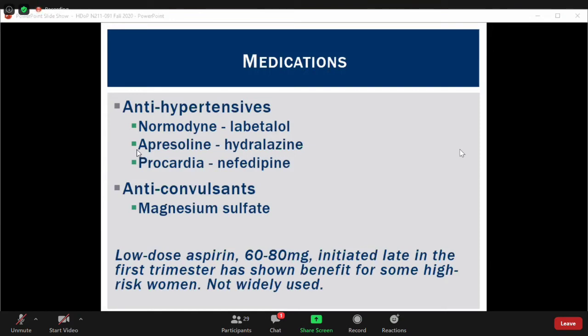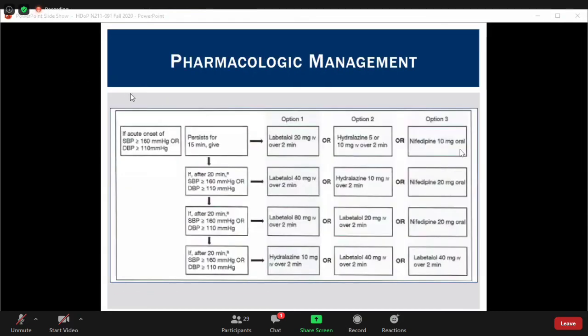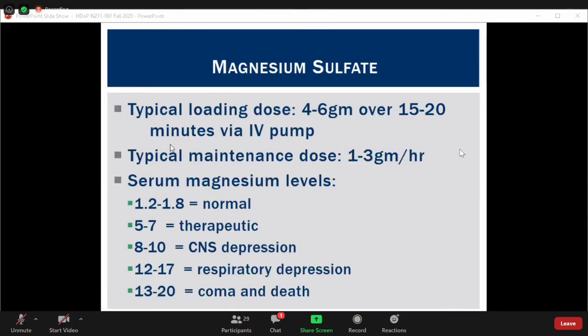All right, so magnesium sulfate. So we give it as an anticonvulsant. Now, the concern with magnesium is it relaxes the smooth muscle, but it can relax everything else.